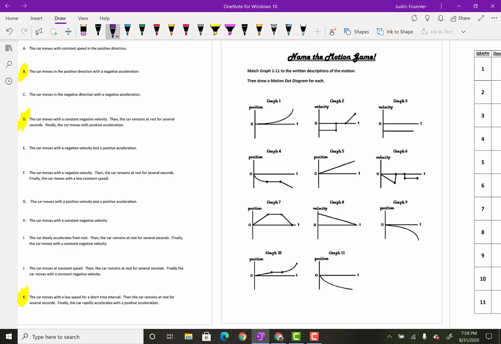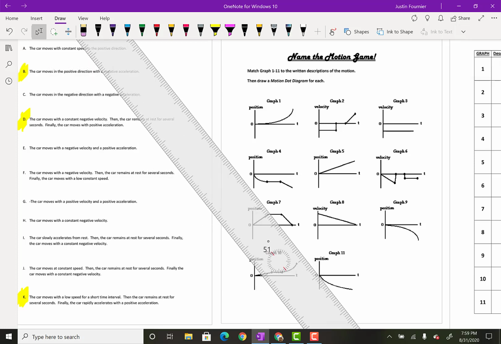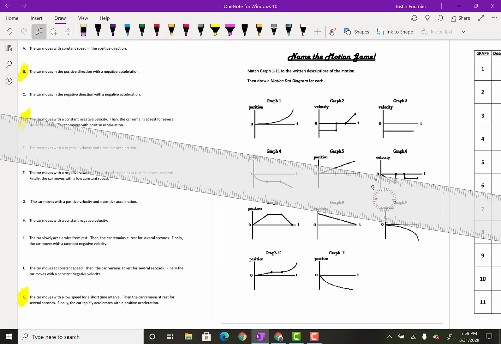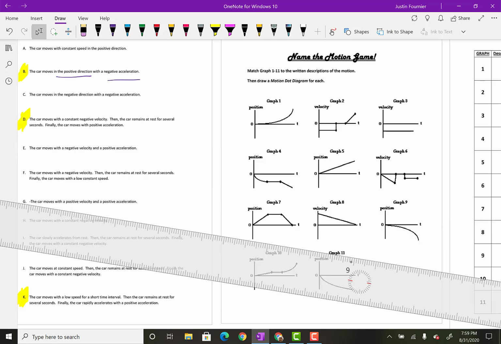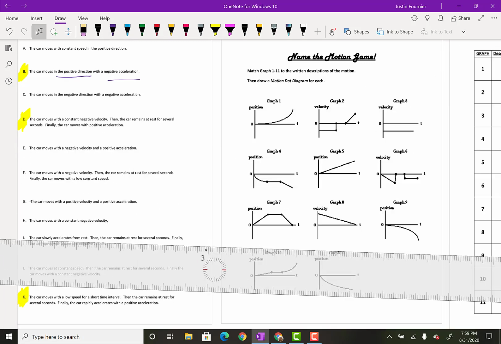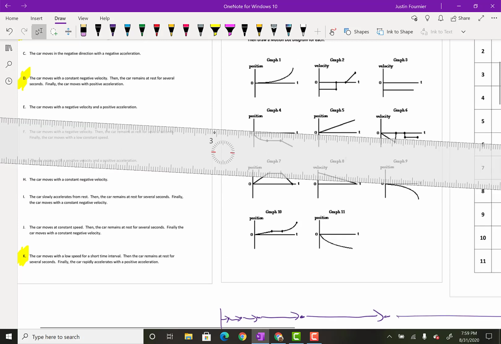To figure out the direction it's moving, I need to find the velocity, because the velocity is the slope of a position time graph. I can use my tangent line to a curve, and both of these velocities are negative. I'm looking for something that moves in the positive direction with negative acceleration. This one's moving in the positive direction, but it's got a positive acceleration, as I'll find.